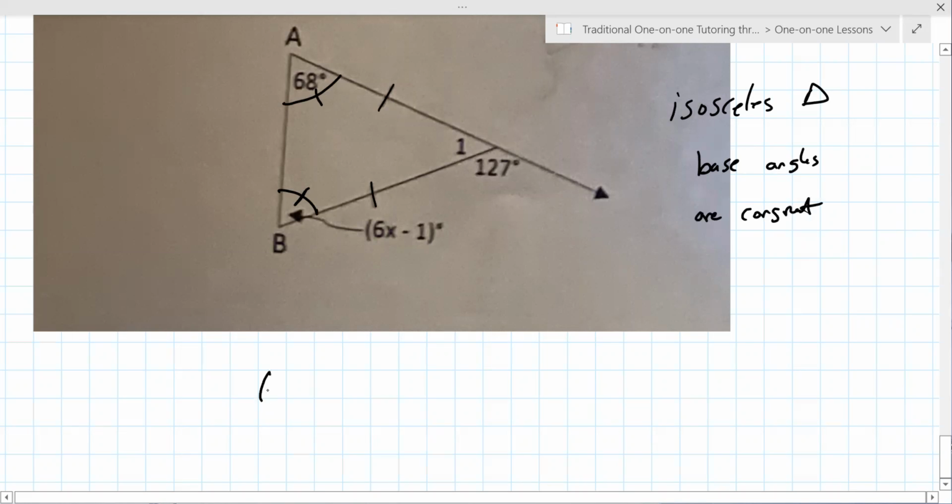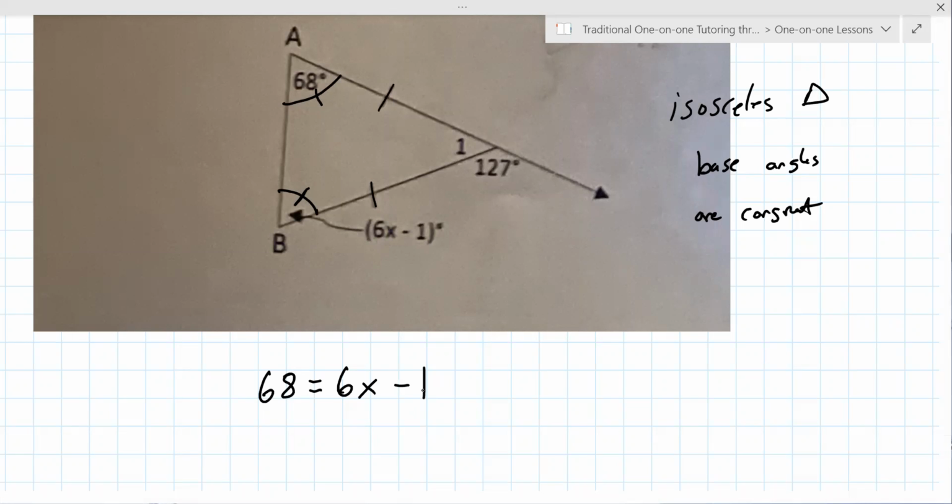So that means that 68 is equal to 6x minus 1. Let me write that down. Okay, so we're going to solve for x. Which do we undo first? Addition and subtraction or multiplication and division? Subtraction.